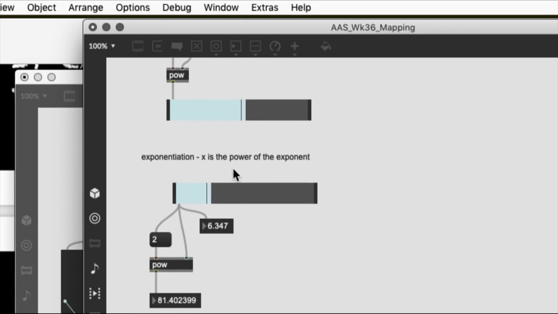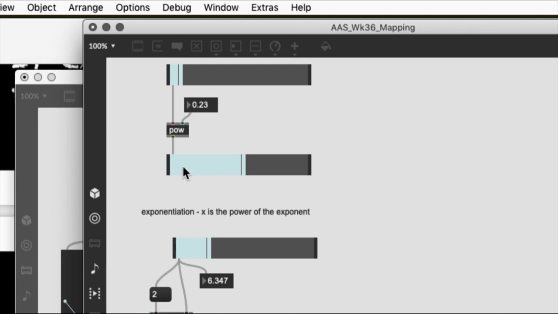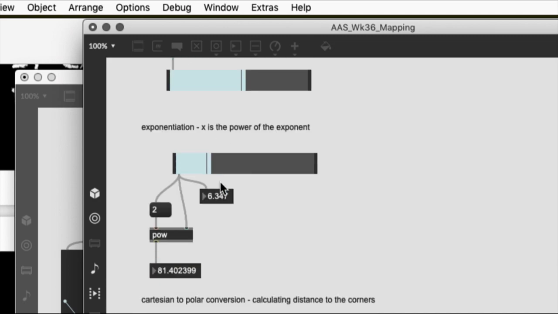But what I'm trying to highlight here is that if you want to control the curve, this is the thing to do. The input is the base of the exponent, and if you want an actual exponential mapping, then you want the input to be the exponent and the base to be fixed.